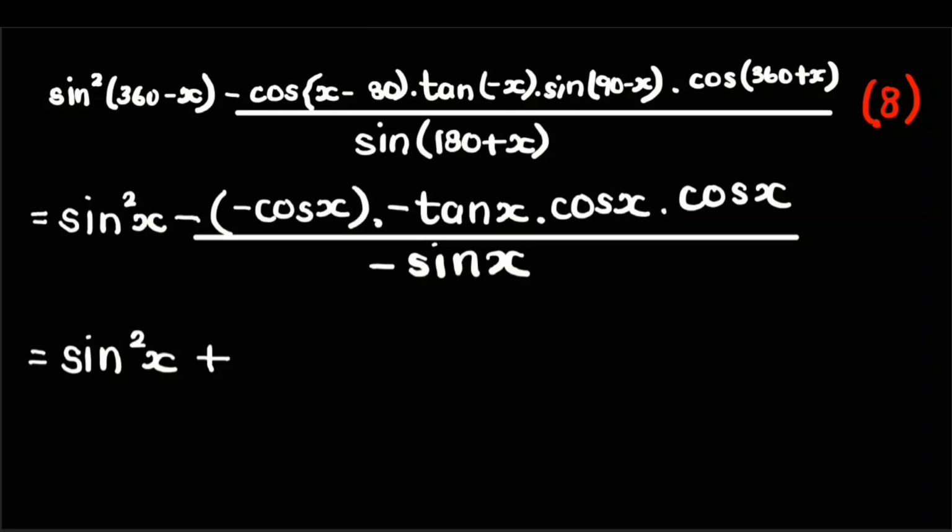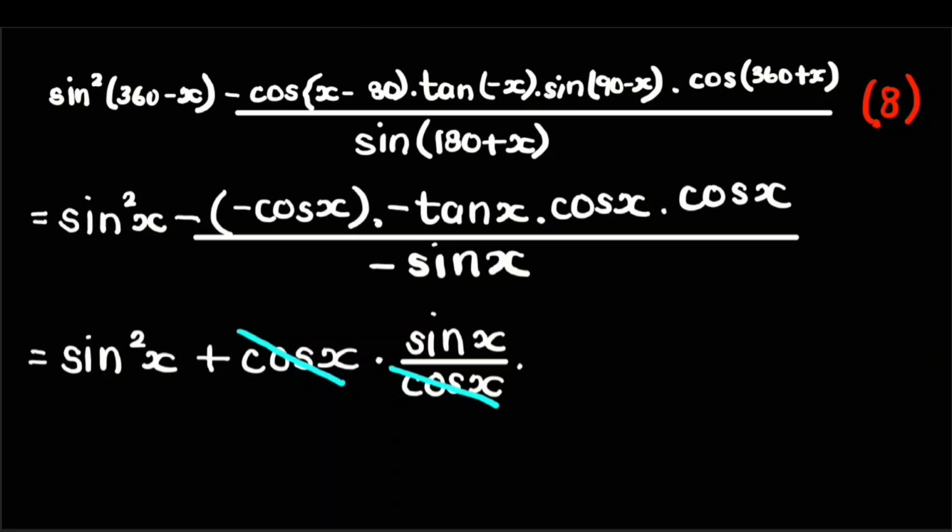However, what I am going to do is I'm just going to leave the first cos x as is. And the reason why I'm doing that is because here we have tan x. And tan x is going to simplify to sine x over cos x. And at this point, we notice that that cos x before and the cos x from the denominator can cancel out with each other.